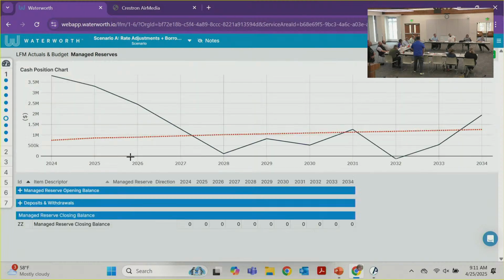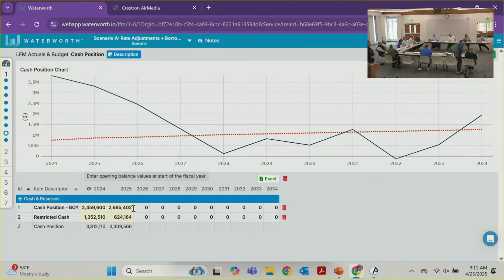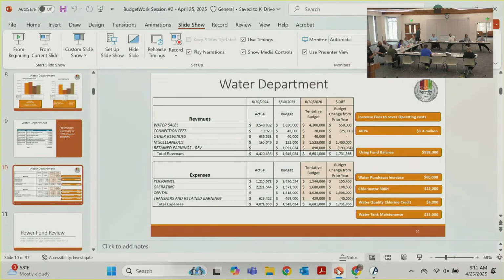It is $2.6 million. Oh, 2.6. Yeah, 2.6, and then 600,000 of impact fees. Okay. So we could do it.